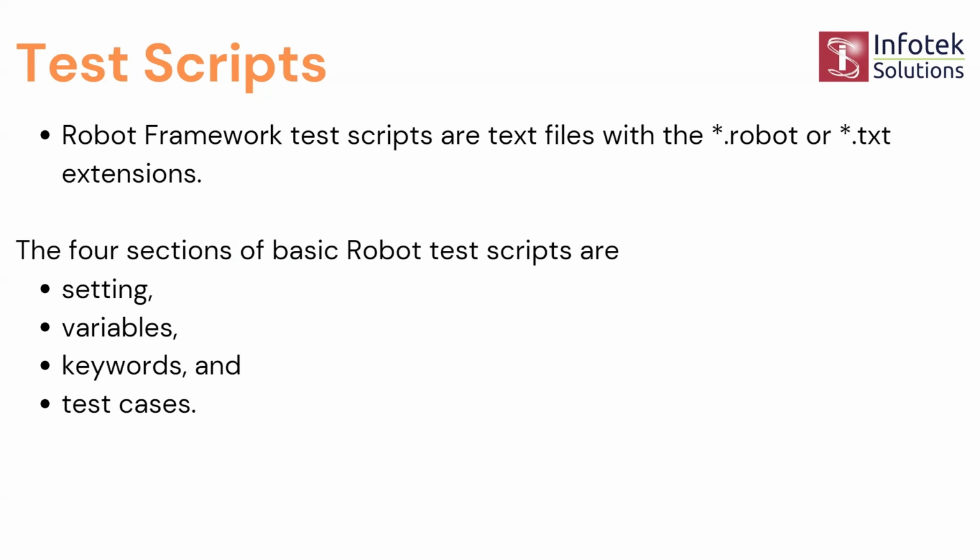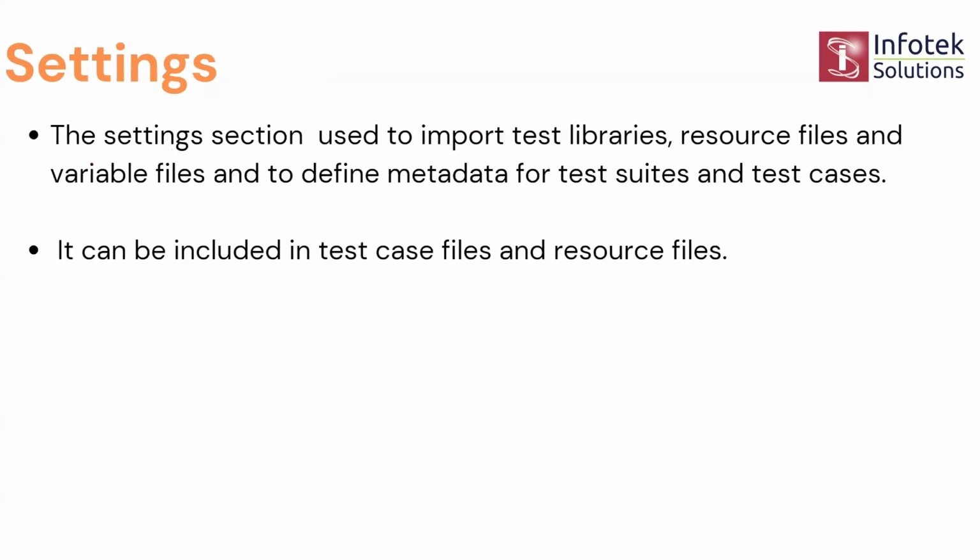Now how? Let's see. The first section is the settings section. The settings section is used to import test libraries, resource files, and variable files, and to define metadata for test suites and test cases. It can be included in test case files and resource files. Usually you use the settings section when you're trying to import something into your current project.